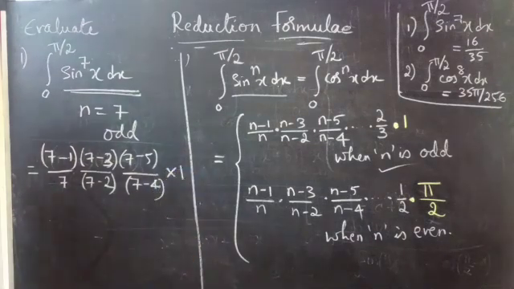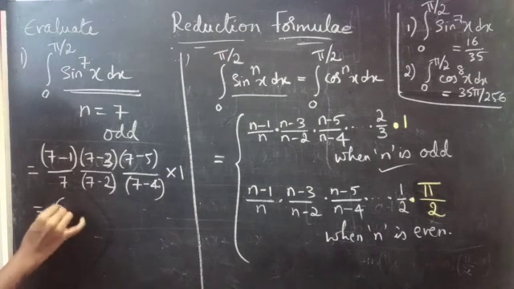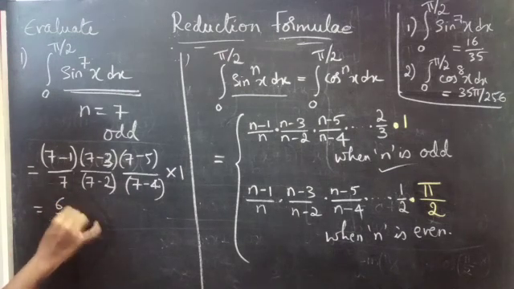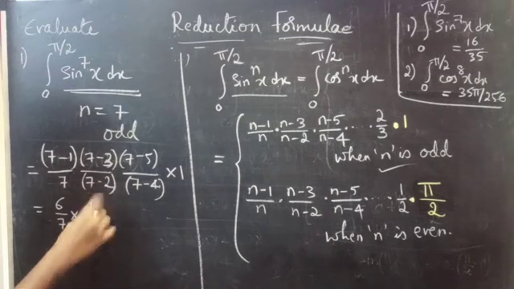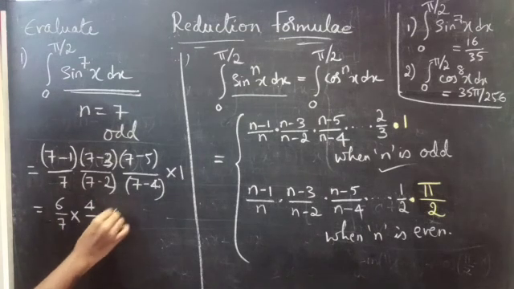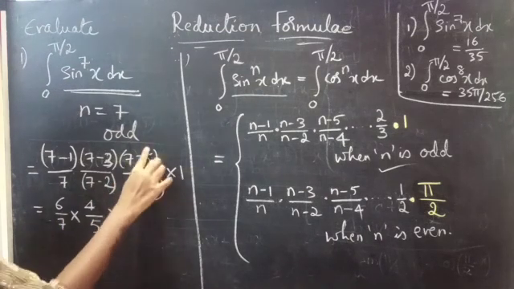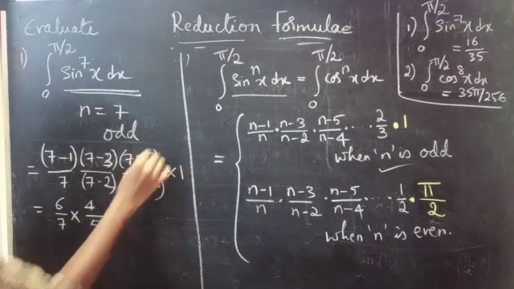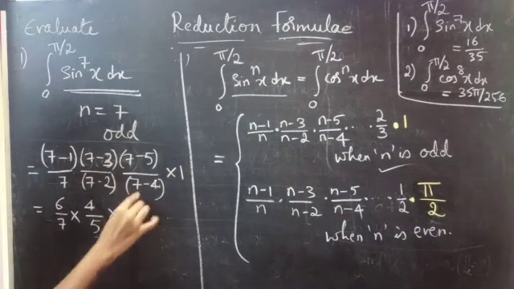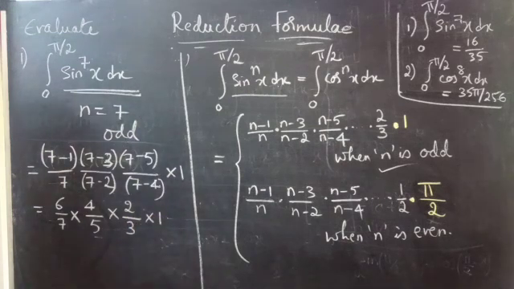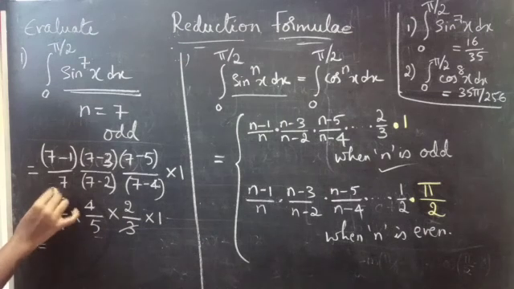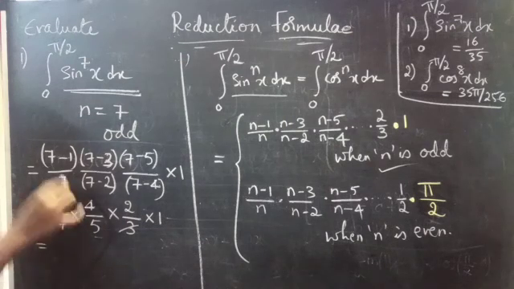Multiply with 1. This equals 7 minus 1 is 6, 6 by 7 into 7 minus 3 is 4, 4 by 7 minus 2 is 5 into 7 minus 5 is 2, divided by 7 minus 4 is 3, and into 1. So 3 2s are 6.